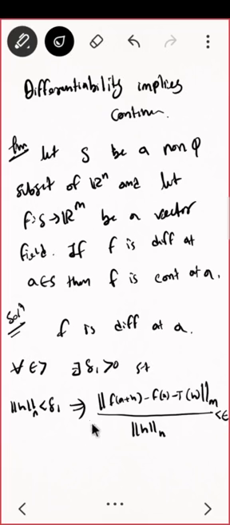This is the definition of differentiability. I hope it is clear to you. Where T is from Rn to Rm is a linear transformation.